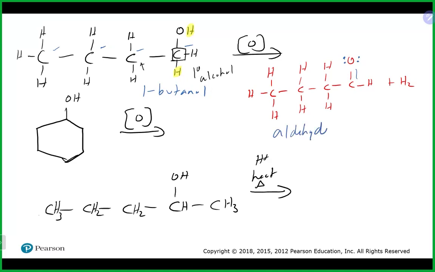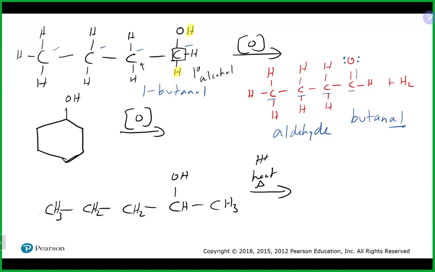In case you're curious how you name this guy, that is 1, 2, 3, 4 carbons, also based off of butane. This is what is known as butanal, A-L, not O-L. So AL for our aldehyde is how we name those aldehydes. Again, still the same deal. 4 carbons, butane. Drop the last part, put AL at the end of it. Any questions on that one there?